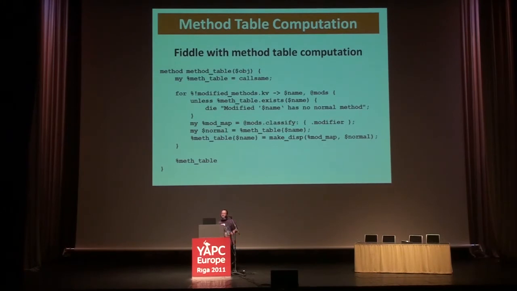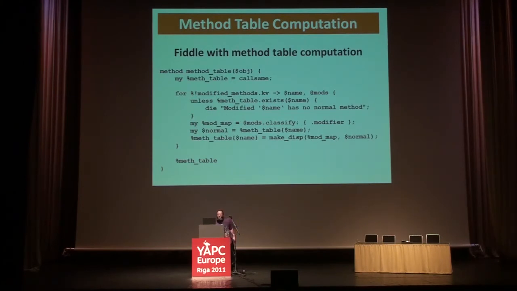If it's not, then we know we can't do this. Then finally, we do classify. Classify is a Perl 6 built-in, which lets you take an array of things and then find properties the objects have in common and build a hash key on that property. So in this case, we key on the modifier. So what I'm getting is a hash which has all of the afters and all of the befores.